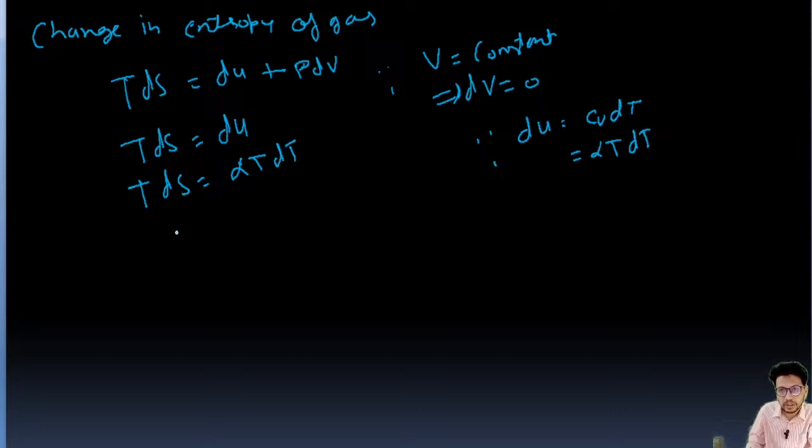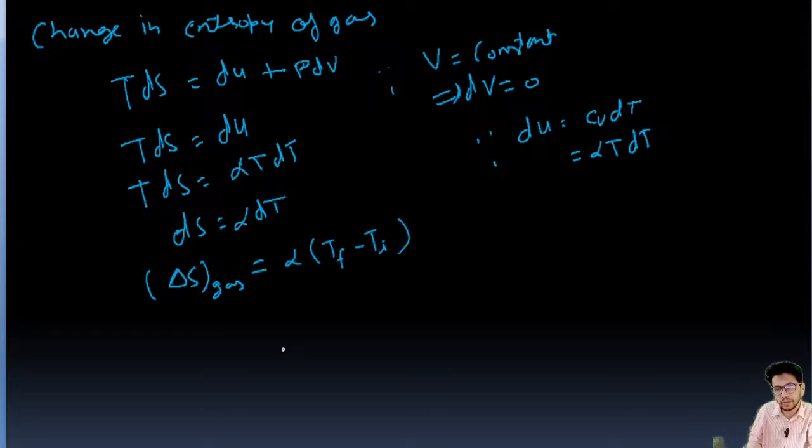So T will get cancelled, so dS is going to be alpha dT, or we can write delta S, that is change in entropy of gas, is going to be alpha (Tf minus Ti), equation number 1.